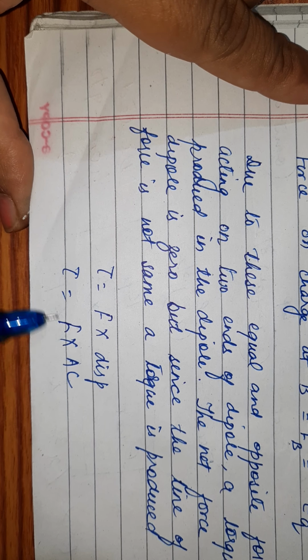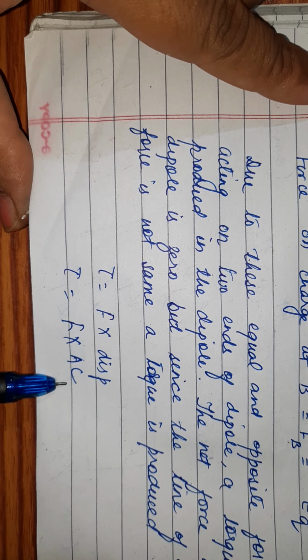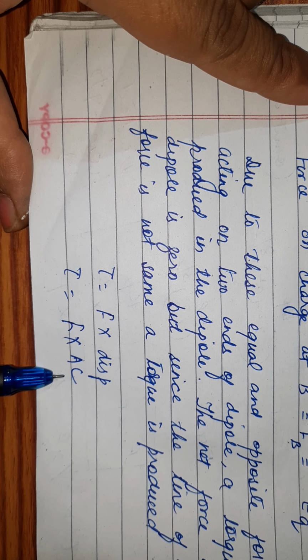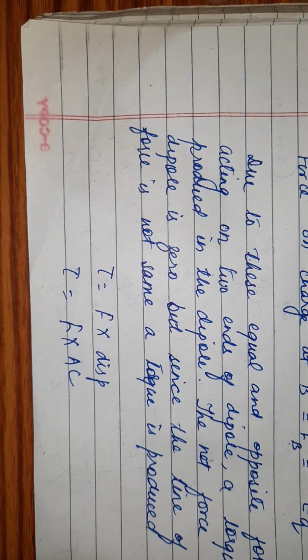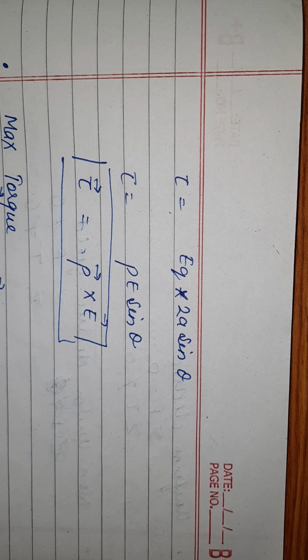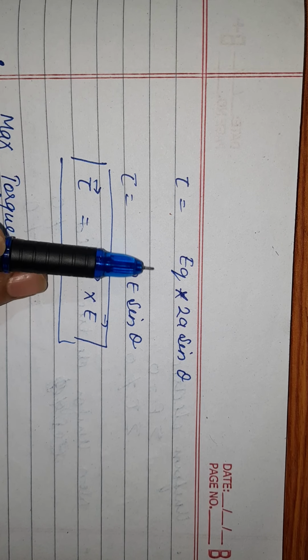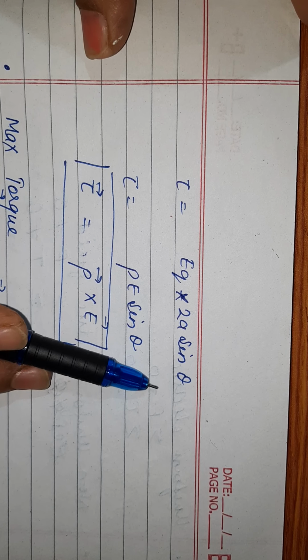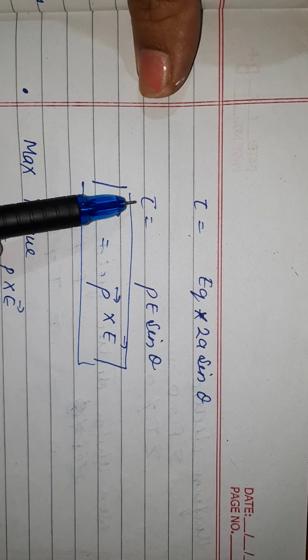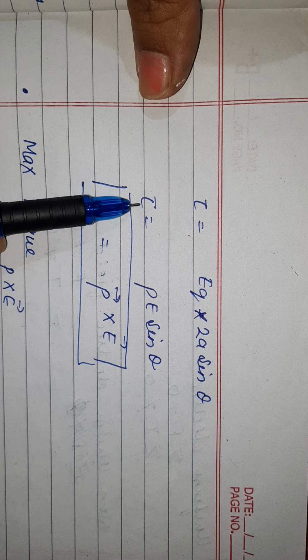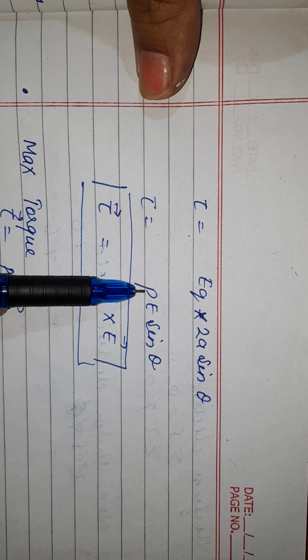So torque can be written as force into perpendicular distance. Perpendicular distance is AC. So torque can be written as force EQ into 2a sine theta, or torque is equal to PE sine theta.